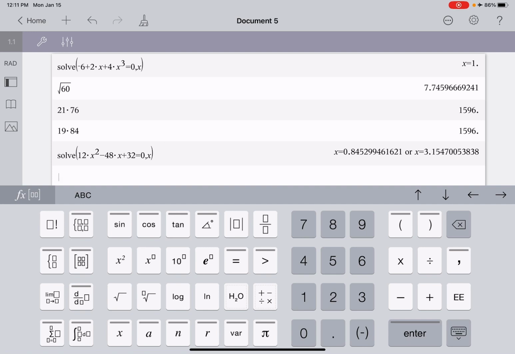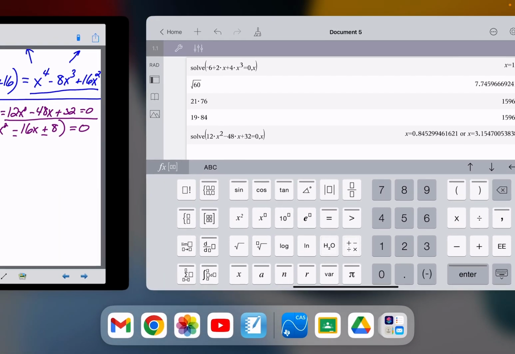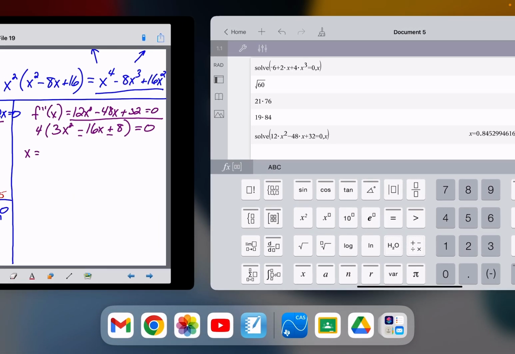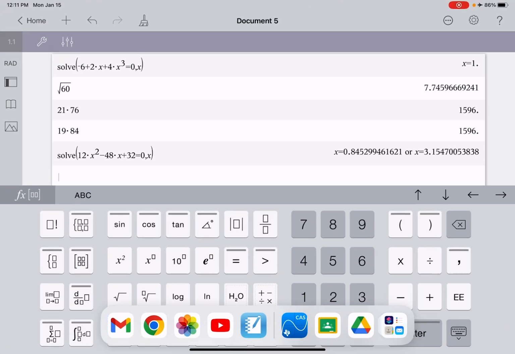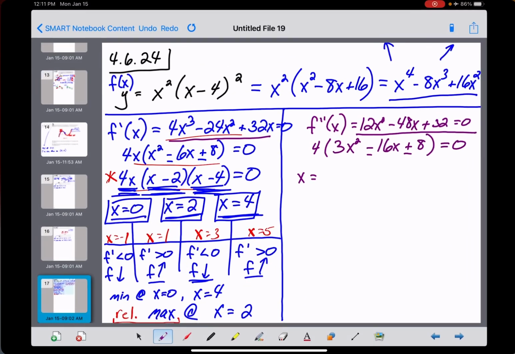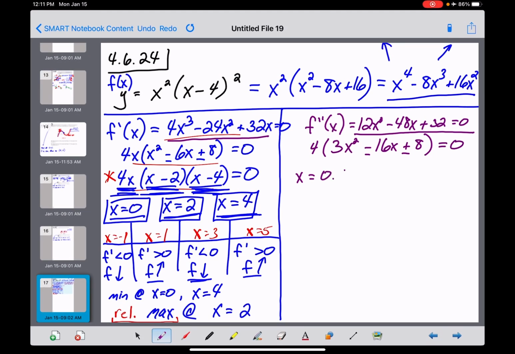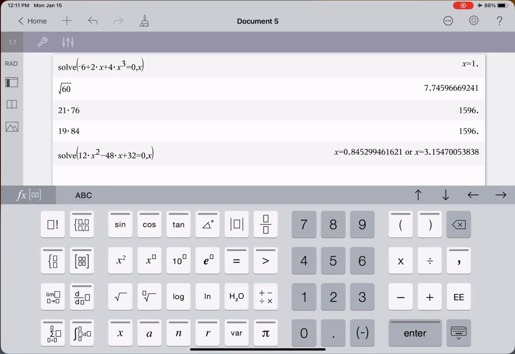So that tells me that I was right. That quadratic did not factor. I'm assuming I typed it in right. Let me check that one more time. 12x squared minus 48x plus 32. Okay, got it. So we're going to write those down to 3 decimal places. 0.845 for the first one. Okay, gotcha. Or x equals, and then what was here?